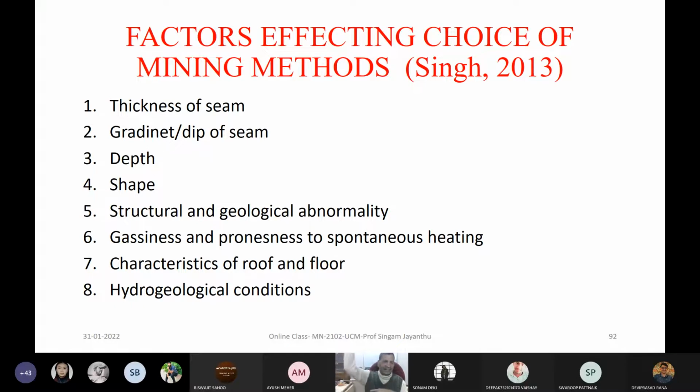If it is very thick, then going into multi-level or single pass and so many things, we have already seen by name, but all those methods also we will go into. And then it is very simple for you. You can go for rope haulage, conveyors, transport, and so many things like that. So this is how these only two parameters we discussed at present. We will go into other issues also.